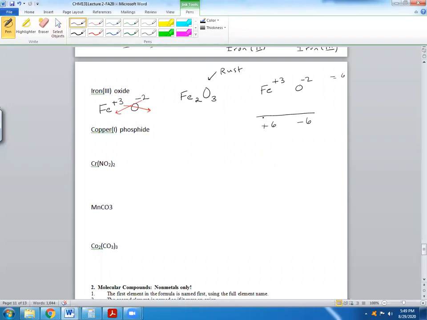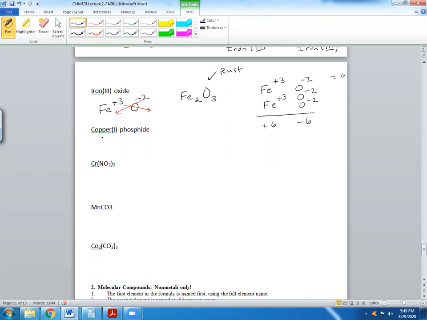If I have a +3, I need how many more to get to a 6? I need another one. And here, if I have a -2, and I need to get to a -6, or just, from 2 to 6, if you want to think about it that way, and then add the negative, then you need 2 more. And isn't that Fe2, 2 of them, and 3 oxygens?